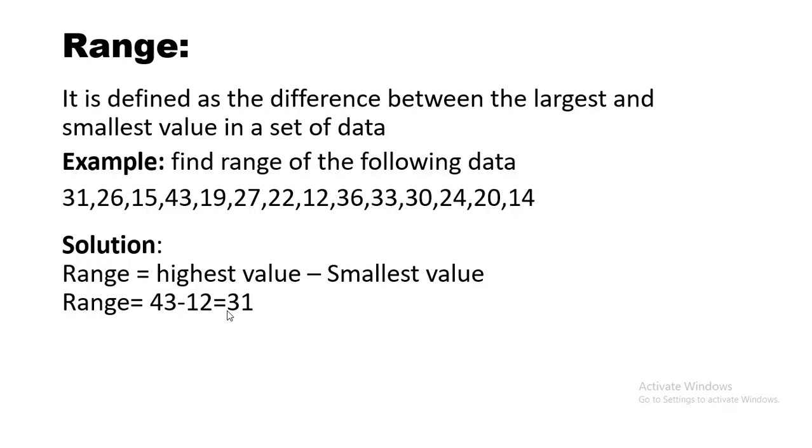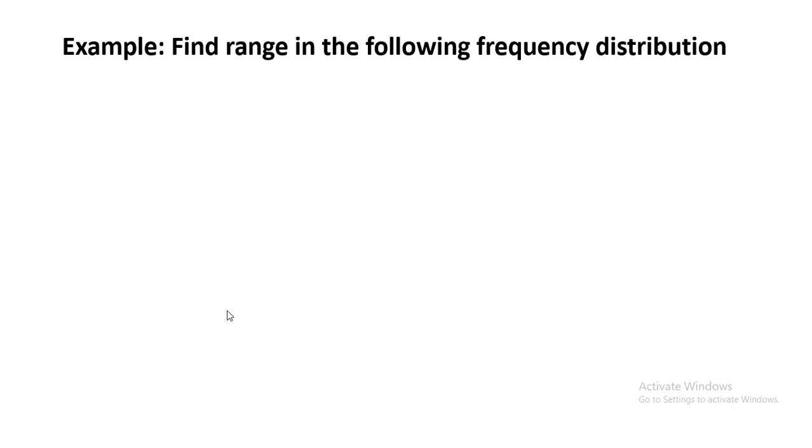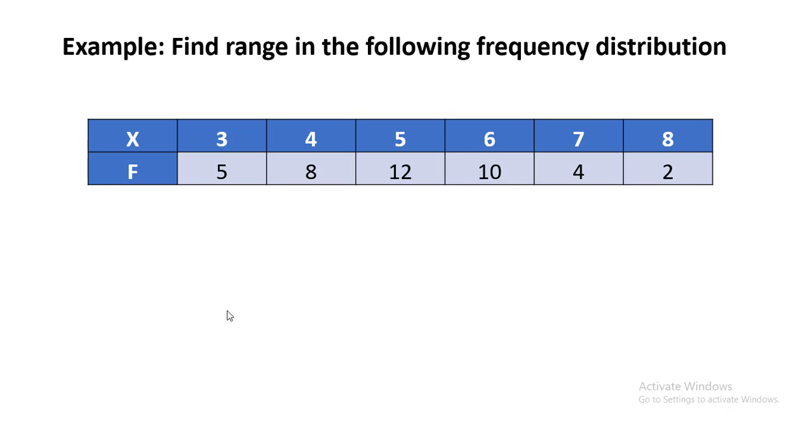Moving on, find range in the following frequency distribution. Now let's say the frequency distribution is this, like we're talking about case 2 out here. For case 2, a set of observations is given, and with each observation there's a corresponding frequency written. So how will we find the range?